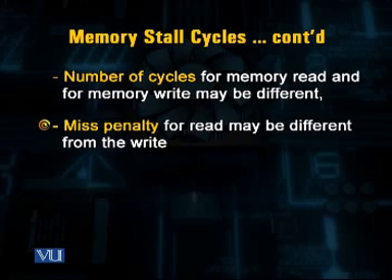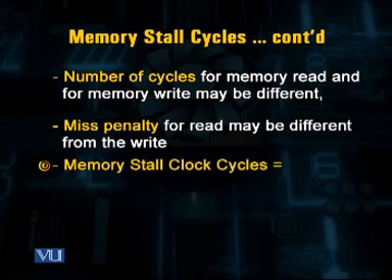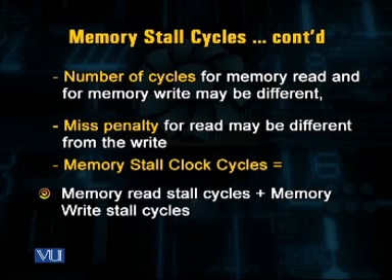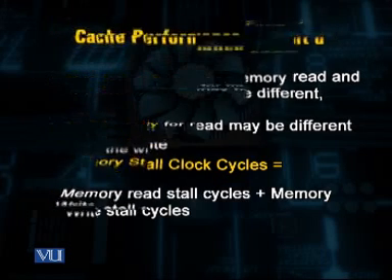Therefore, a more accurate expression can be written as the memory stall clock cycles is equal to the sum of the memory read stall cycles and the memory write stall cycles.